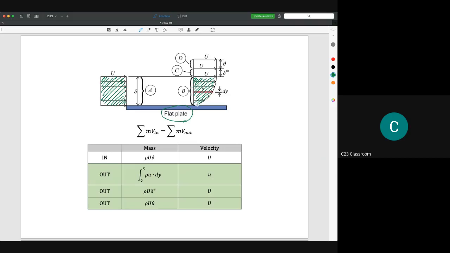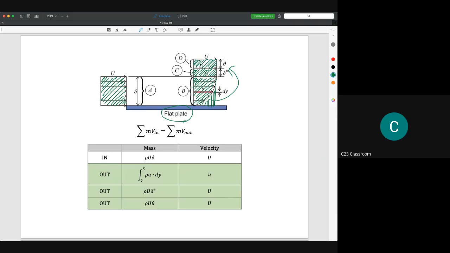And then we top up. We add the loss area here. Previously, because we already have delta star, we need to create a delta star here, and then we top up the area as the theta area for this one.